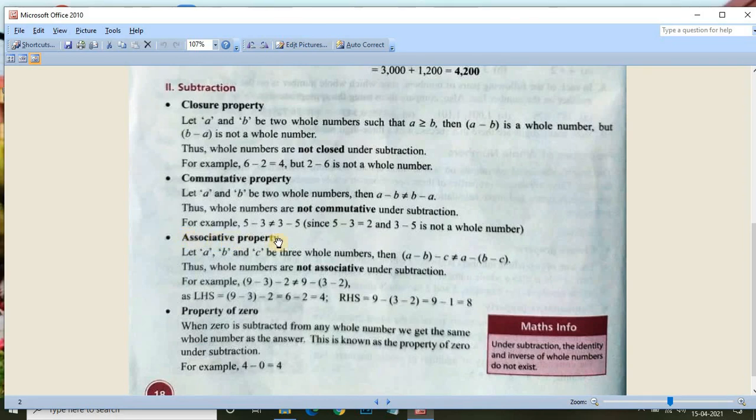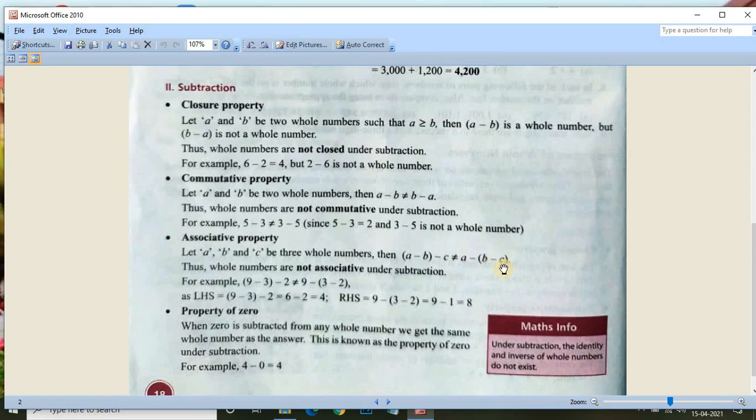Now the next one, associative property. Let a, b and c be three whole numbers. Then (a minus b) minus c is not equal to a minus (b minus c).